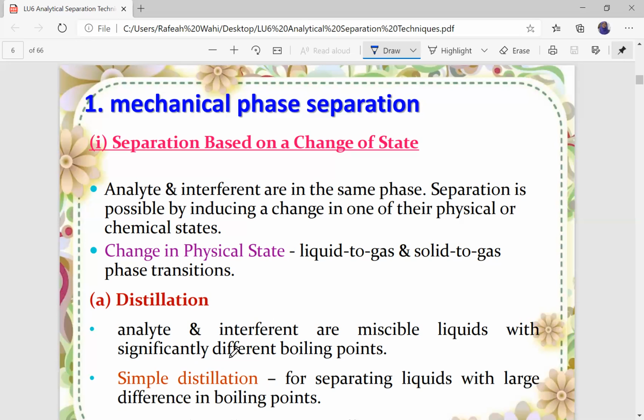A simple distillation means this is a process for separating liquids with large difference in boiling points. Can you think of one example of distillation process in your daily life? One of it is the distillation of water from impure water to pure water.